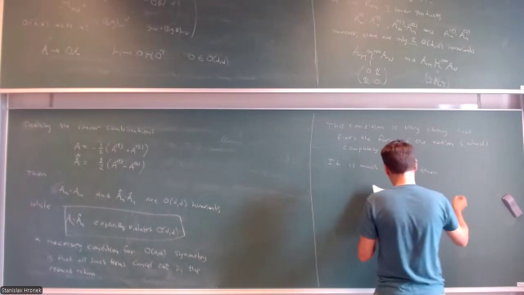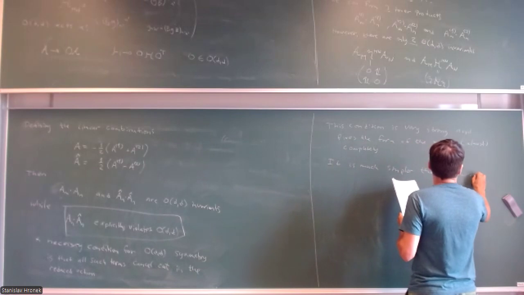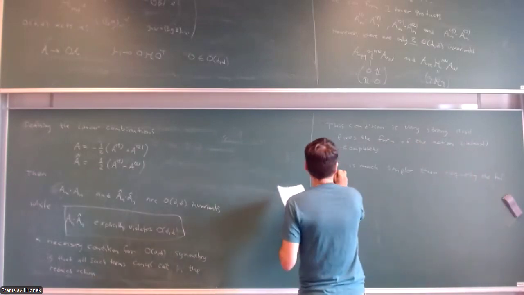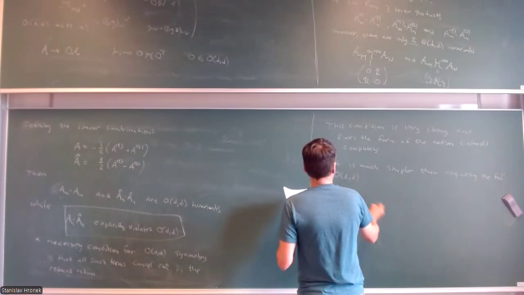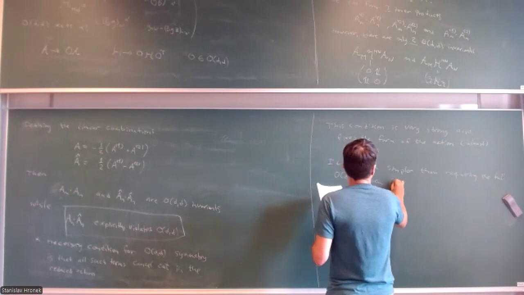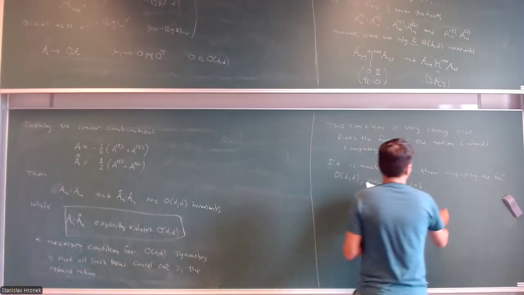Much simpler than requiring the full complete symmetry, even for the n equals 1 case, which was essentially the case considered by Gaussian.